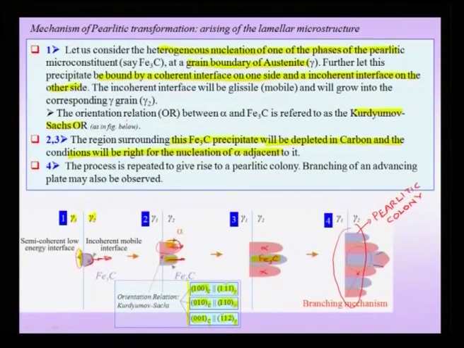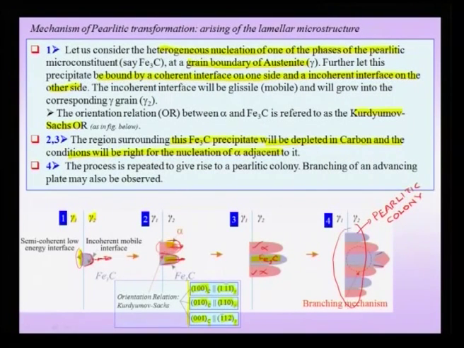The incoherent interfaces are glissile or mobile, and they grow, and after a certain amount of Fe3C growth, you would notice that alpha nucleates in adjacent regions like here, and these alpha continue to grow, and this process is repeated by adjacent nucleation of various alpha and Fe3C lamellae, so that you get a pearlitic colony.